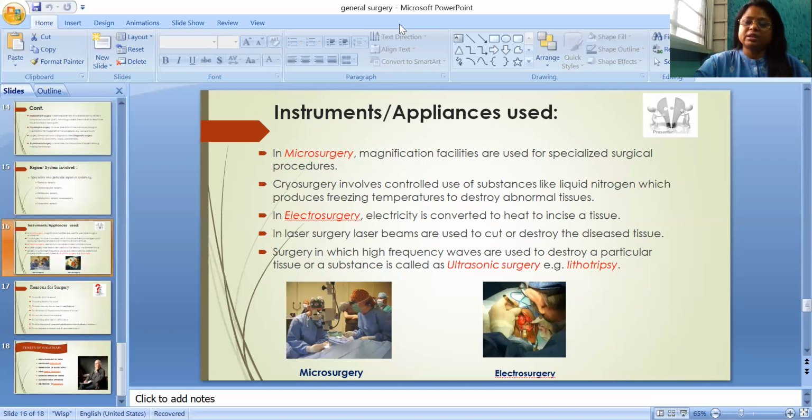Okay, lithotripsy means you destroy calculi, mainly in the gallbladder.